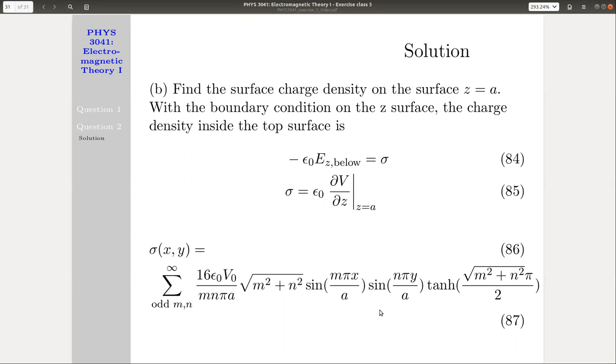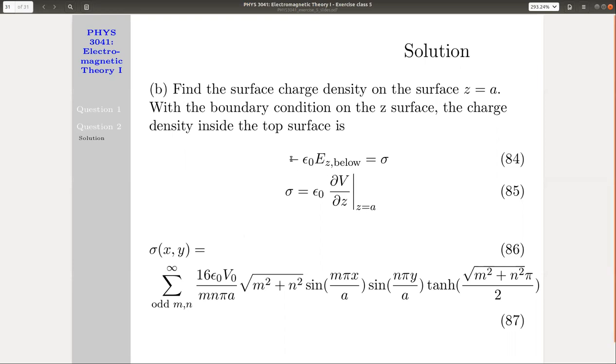Because that is a conductor, you can only get the charge density on the surface inside the tube. So for the term outside, it will be just 0. It's a conductor, so the electric field outside will be just 0. You just have a non-zero field below the surface.